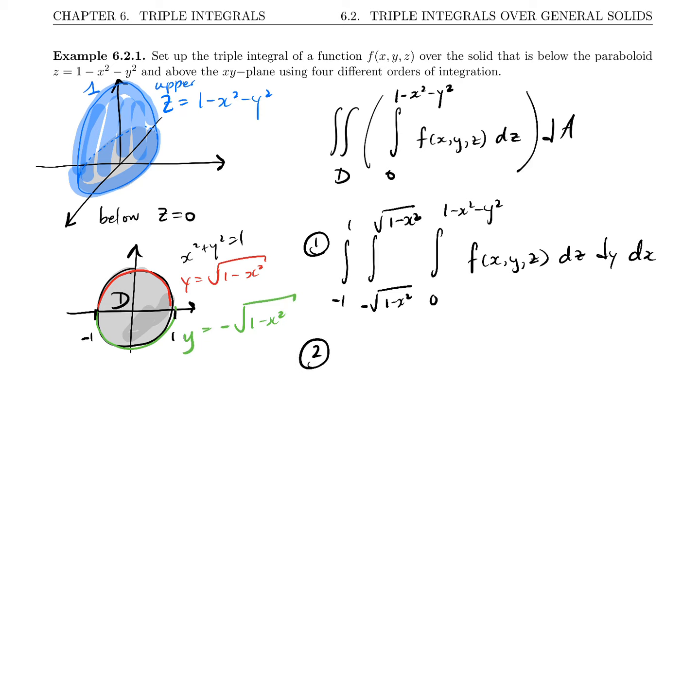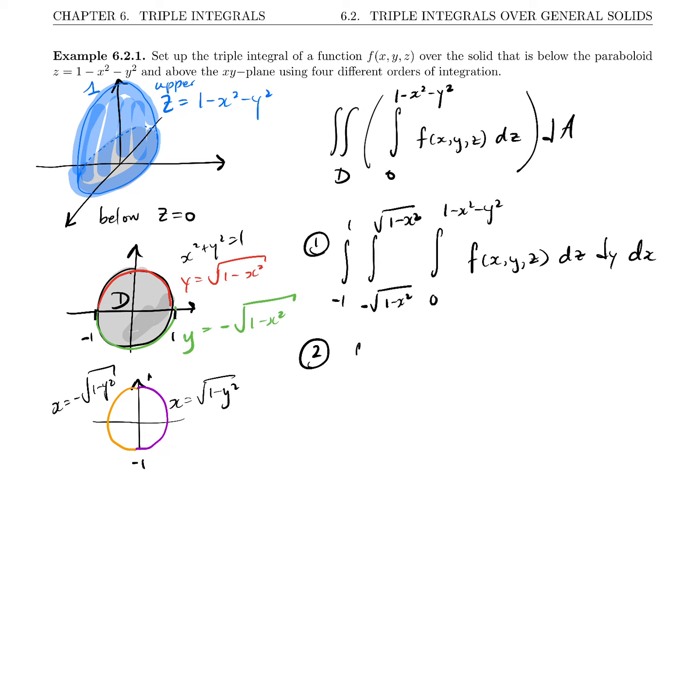We're going to do another one simply by rewriting our region D as a type 2 region. So we'll cheat a little bit. It's not a cheat at all. It's just not rewriting our solid. So if we go right and left, then we're going from minus 1 to 1 in y, and x goes from minus the root of 1 minus y squared to plus the root of 1 minus y squared.